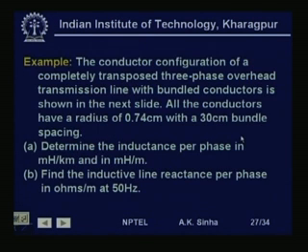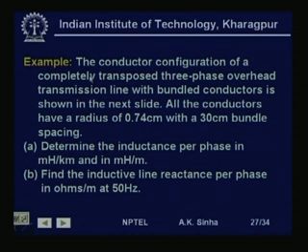Now, let us take an example for finding out the inductance of a 3 phase transmission system. The example that we are taking is for the conductor configuration of a completely transposed 3 phase overhead transmission line with bundle conductor is shown. All the conductors have a radius of 0.74 centimeter with a 30 centimeter bundle spacing.